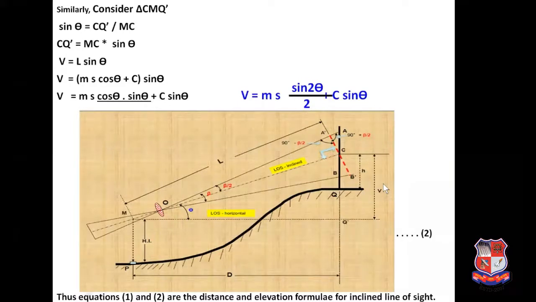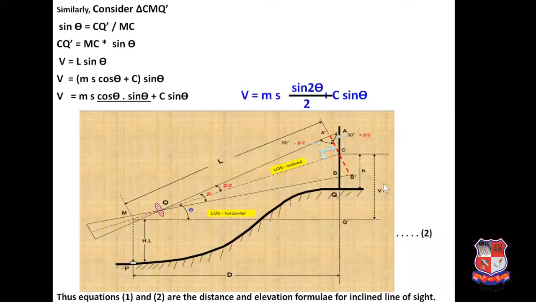So V is equal to L sine theta, but the value of L we have calculated in equation number 2. So put the value of L from equation number 2 in this equation. So V is equal to MS cos theta plus C into sine theta. Simplifying, we get V is equal to MS cos theta sine theta plus C sine theta.